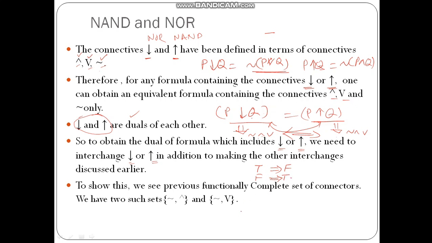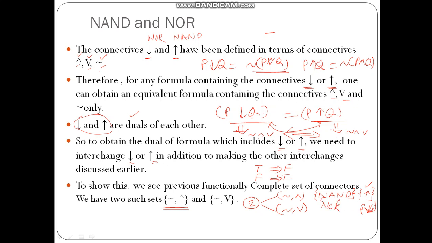To show this, we see the previous functionally complete set. We discussed two functionally complete sets in the last video lecture: NOT and AND, and NOT and OR. Now NOT and AND is NAND. So if your set has only one operation, NAND, then it is functionally complete. The NOR connector is also functionally complete.